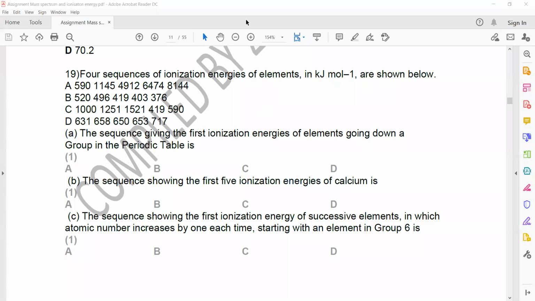Look, in the question they mention the sequence which shows the first ionization energy of successive elements in which the atomic number increases by 1 each time, starting with an element in group 6. So the element in group 6, then the next element will be in group 7 because atomic number increases, then the next element is in group 8.